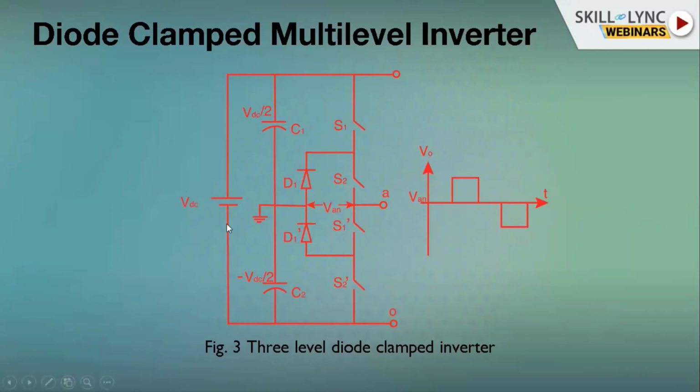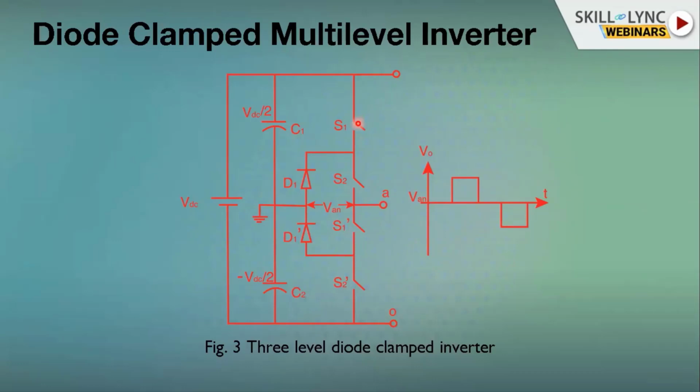So again, you have a DC voltage, VDC. So you have a VDC, and then you split the voltage into half of that, VDC by 2, VDC by 2. Function of these 2 capacitors, you have the point, which is what we call the neutral point. You have your semiconductor switches, IGBTs nowadays, low power applications, MOSFET, still perfectly fine, no issues.